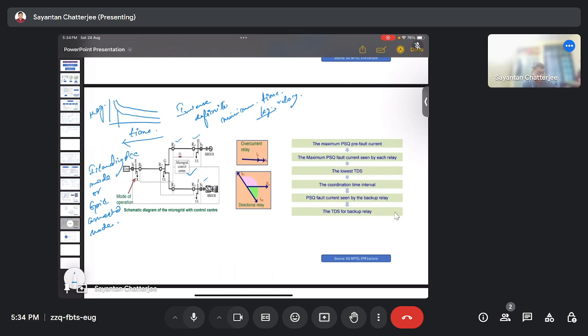Now, with the overcurrent relay, in the microgrids, voltage can be considered as a polarized quantity, and current as the actuating quantity.